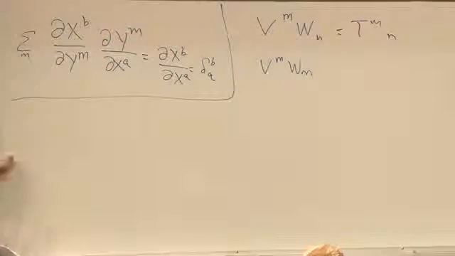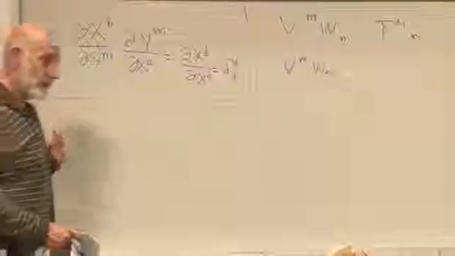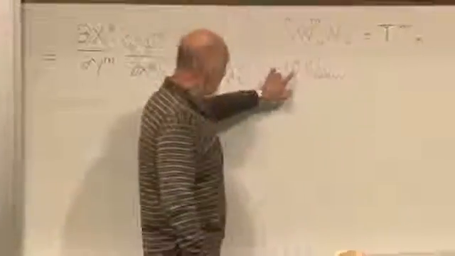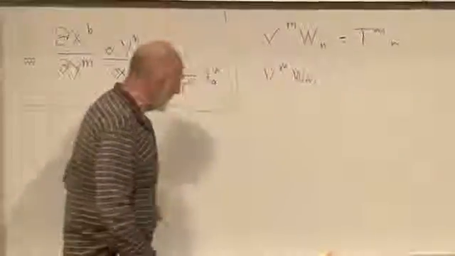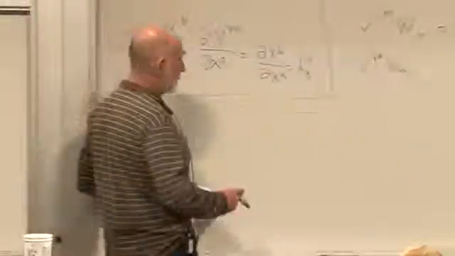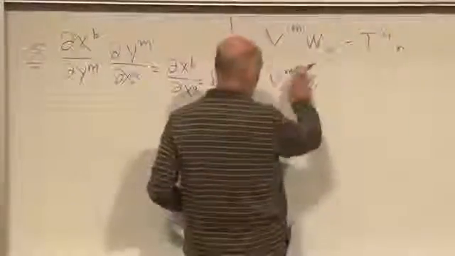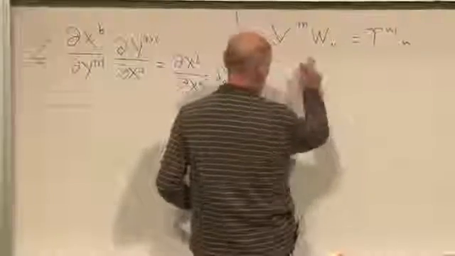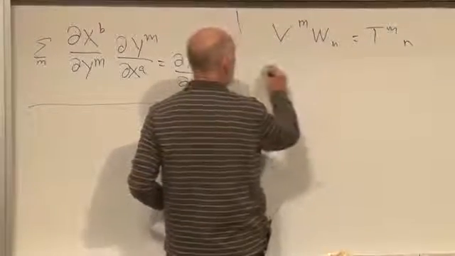You're not allowed to do this with two upper indices. You're not allowed to do it with two lower indices. But you can take an upper index and a lower index. And let's ask how it transforms. All right, so first let's write down the transformation properties before we set the indices equal to each other.